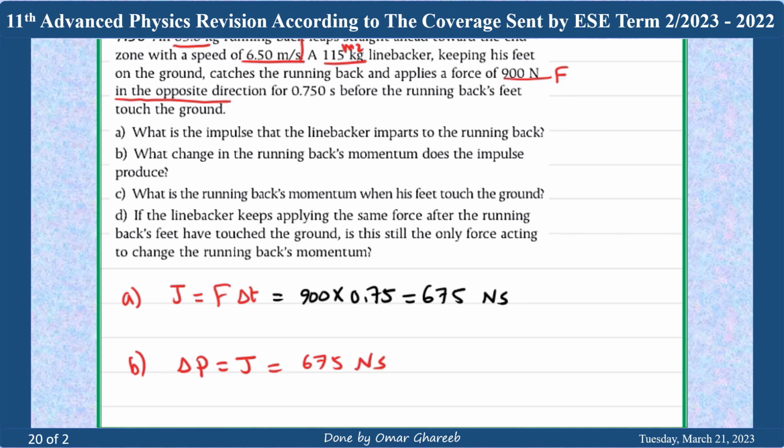Okay, some of you think that they have solved the question, which is wrong, because F is minus 900, because it is in the opposite direction. So the answer is minus 675. So delta P is minus 675 Newton second.